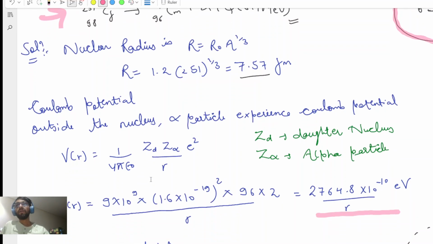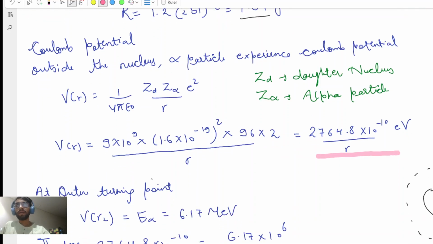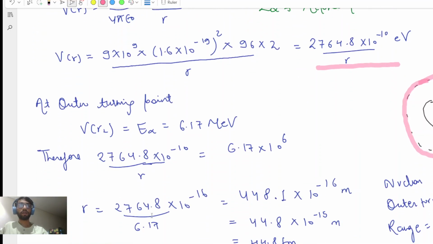Now for this alpha particle, at the outer turning point V(R2) equals E alpha, which is 6.17 MeV. Say this is the outer turning point. When we equate this, we get R, that is 44.8 femtometer.